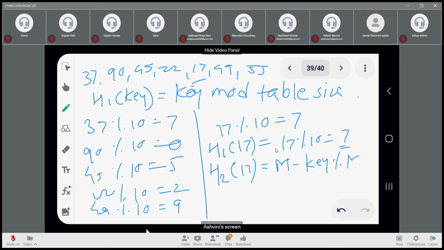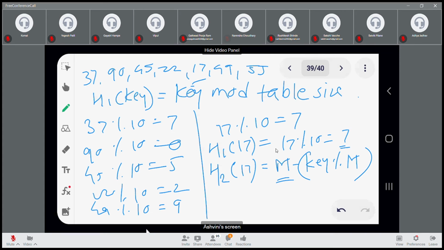Now the value of m: your table size is 10. Again, which is the prime number smaller than 10? 2, 3, 5, 7.